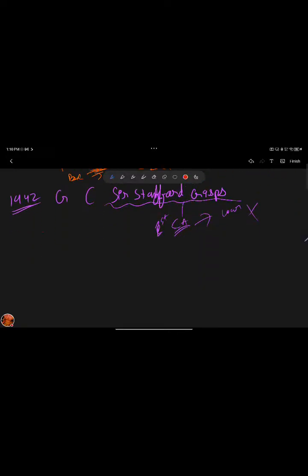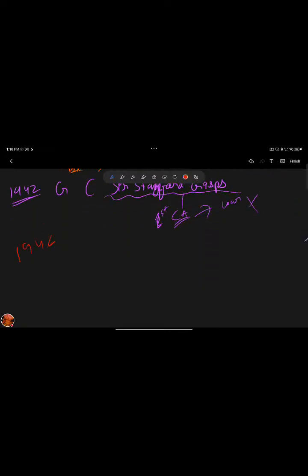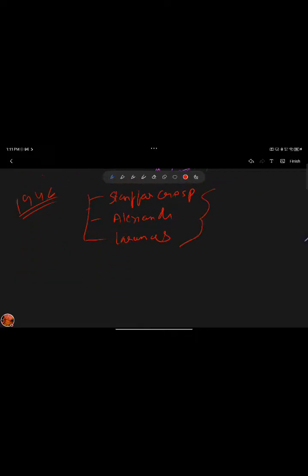Next was 1946. Here three people came. First was Stafford Cripps, second was Alexander, third was Lawrence. These three came and proposed to make the Constituent Assembly. They said they would make it, and they did, and we made the Constituent Assembly around this time.